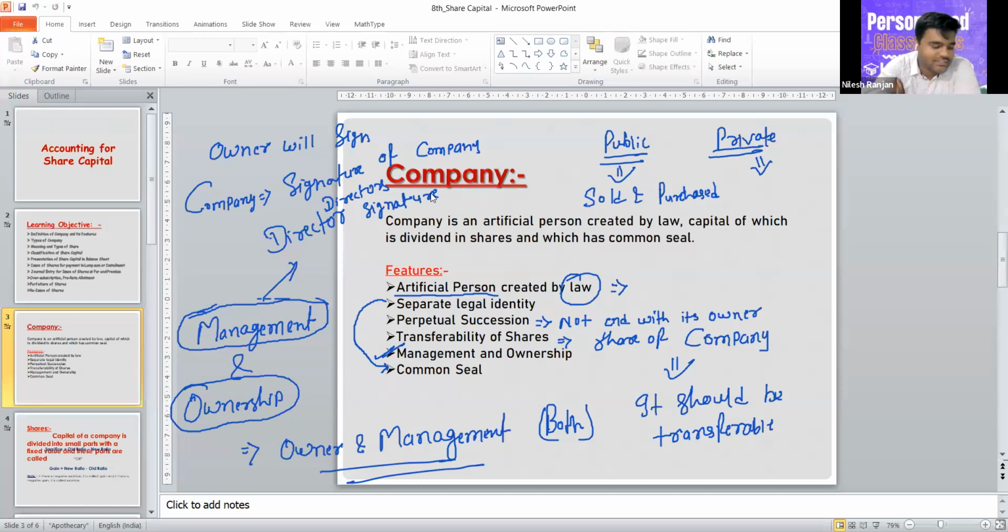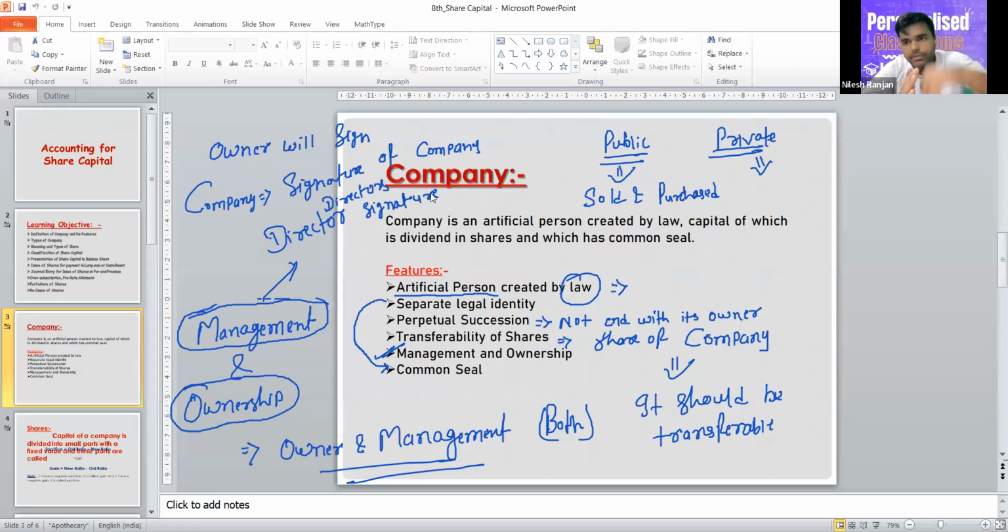Actually, the common seal is different. It is not like a normal stamp. A normal stamp has ink placed in it, and if you press it, there will be a stamp and signature. But in case of a company, the stamp is made of iron, and there are two iron pieces with a gap between them.